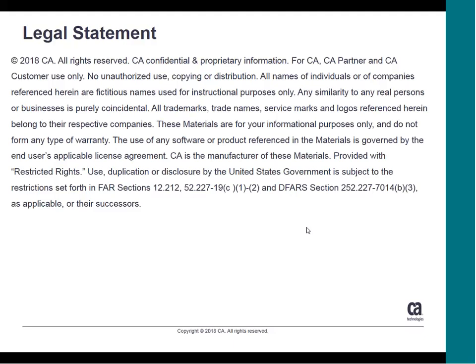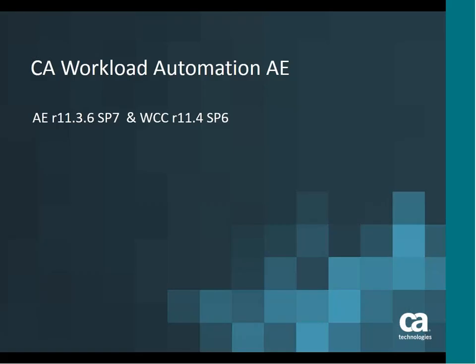This is a legal statement talking about the need for confidentiality of the proprietary information that is going to be discussed in the subsequent slides. AE is at SP7 and WCC is at SP6. So we will be discussing the features that have come in against these releases.